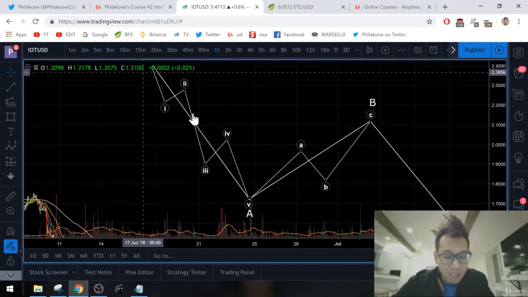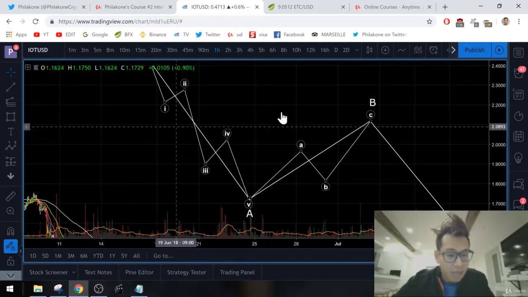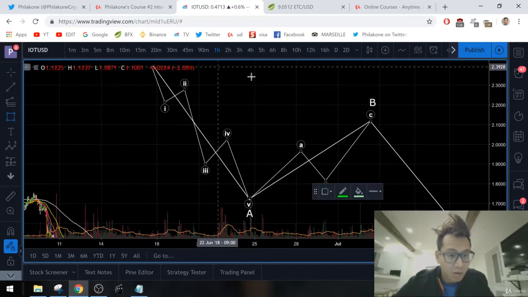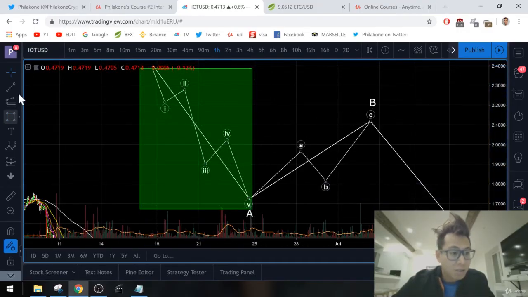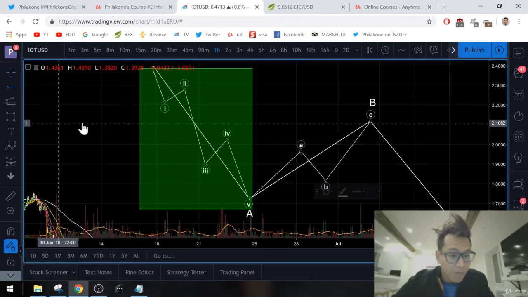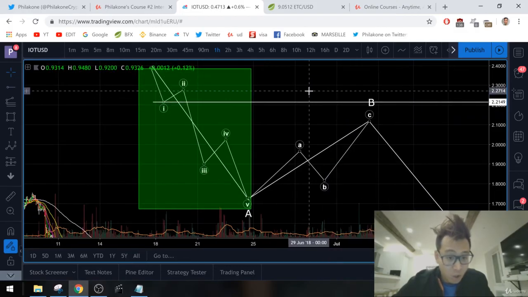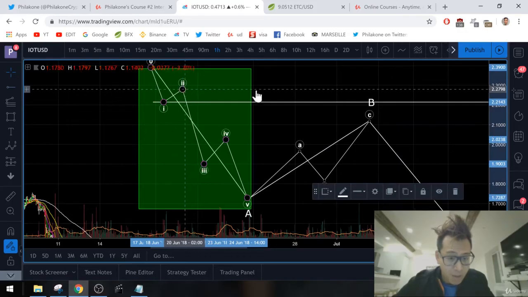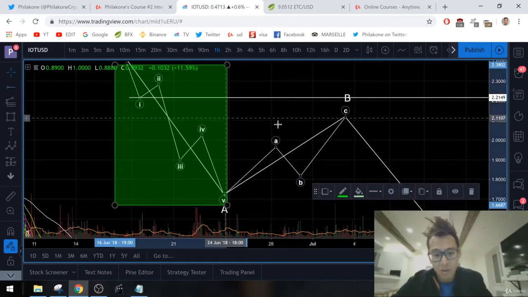Sometimes if the A is long enough, like this whole structure right here moves, say, a large percentage, sometimes I will wait for 1 to form, 2 to form, and then when it breaks this structure, this support at the wave 1, that is where I'll actually end up shorting it as well. And we'll see many of these cases in the next lesson video.